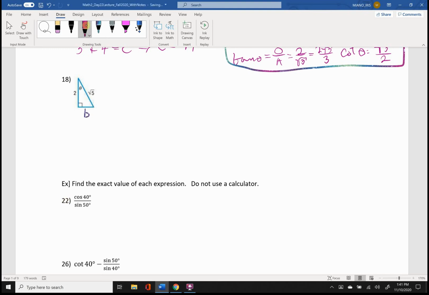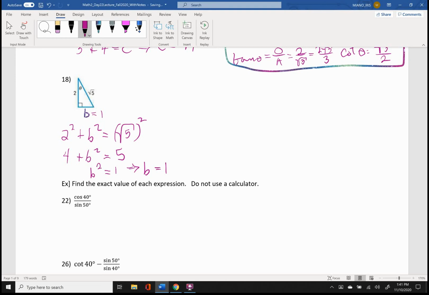And so the Pythagorean theorem will be 2 squared plus b squared equals root 5 squared. Okay, and that'll yield 4 plus b squared equals 5. Therefore, b squared equals 1, which means b equals 1. Cool. So we can go ahead and just have it be like that.